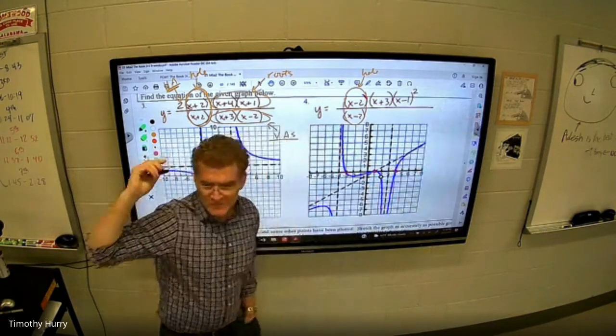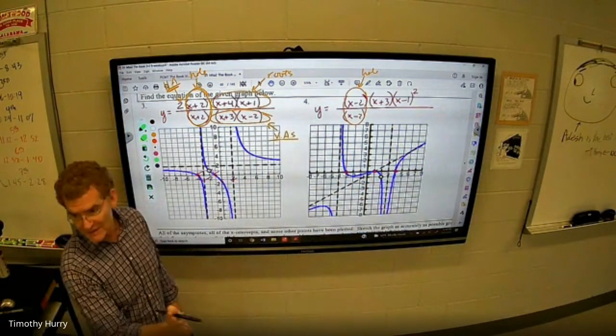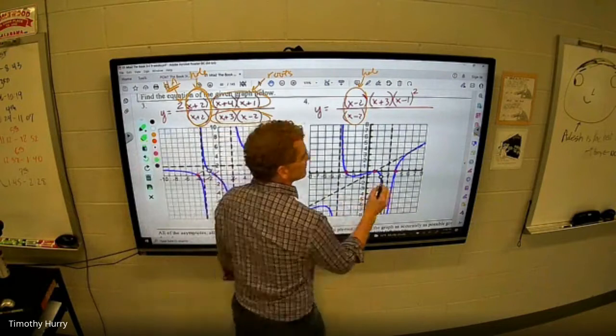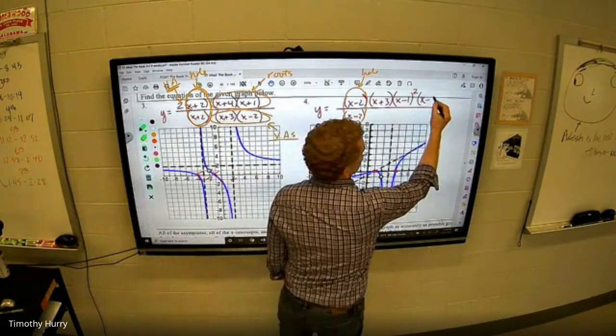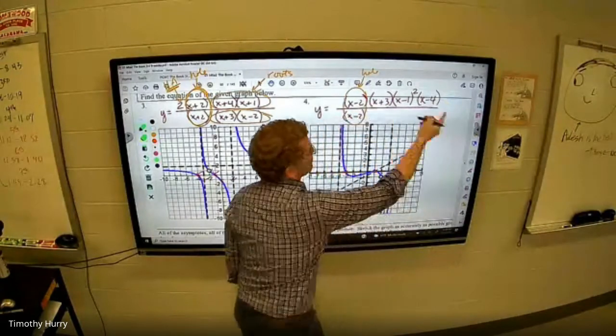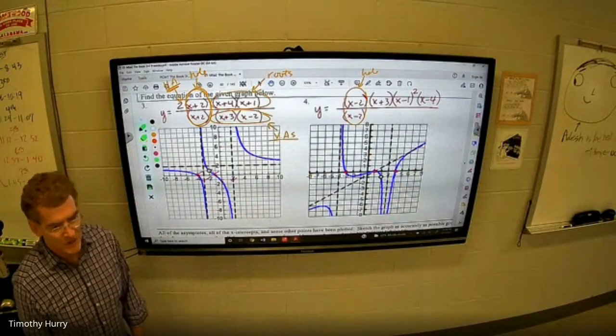Why? Because it's bouncing off of that. That's the kind of thing when you forget that squared, dot, dot, dot. All right. And then right here at 4, what is that? x minus 4. So you've already put a lot of powers up there. There better be a lot of stuff on the bottom, or I'm going to get some weird outcomes.